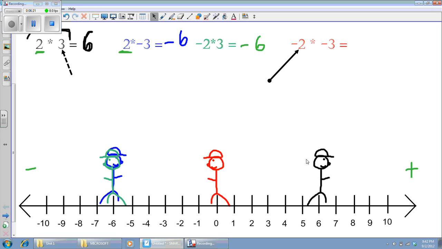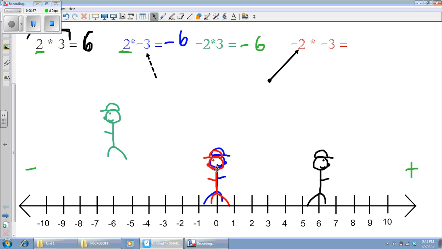Bobby moved forward, remember? He was here and he went 1, 2, 3. 1, 2, 3, cha-cha-cha. All right, but in this blue one, it was a negative. So he's facing forward because the 2 is positive, and he's moving backward because the 3 is negative. So he goes 1, 2, 3, 1, 2, 3.